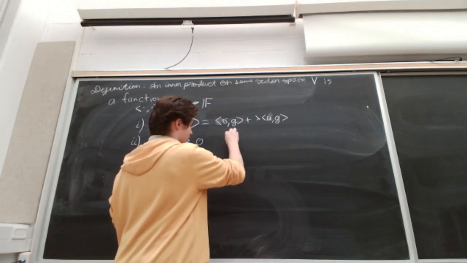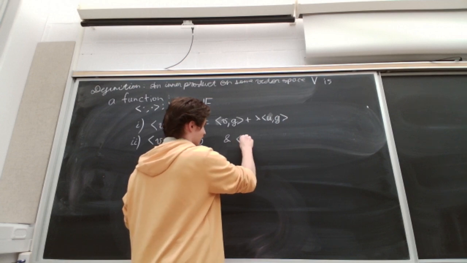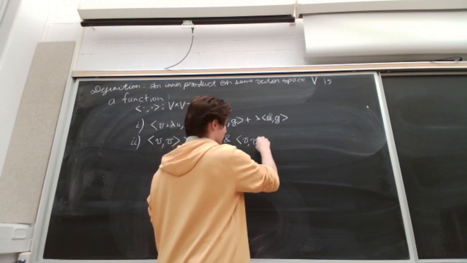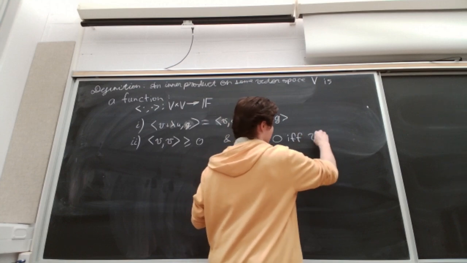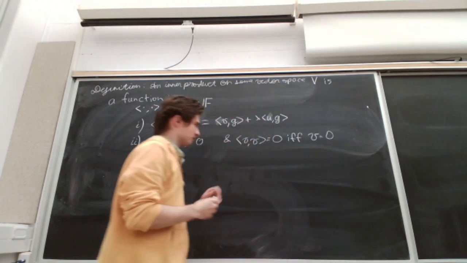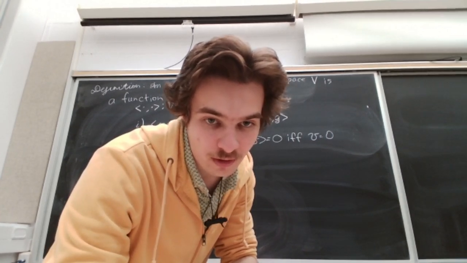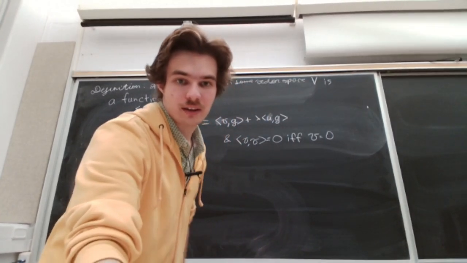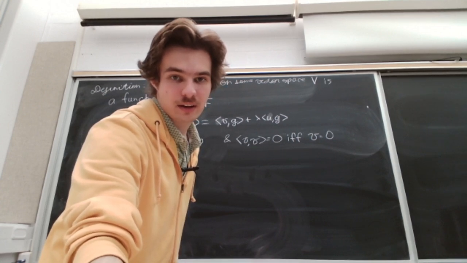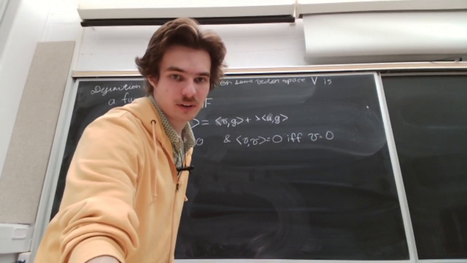And the inner product of v with v is equal to 0 if and only if v itself is 0. Okay? That makes sense? And let's see. Right, these are... sorry, I just want to double check that there's one more.